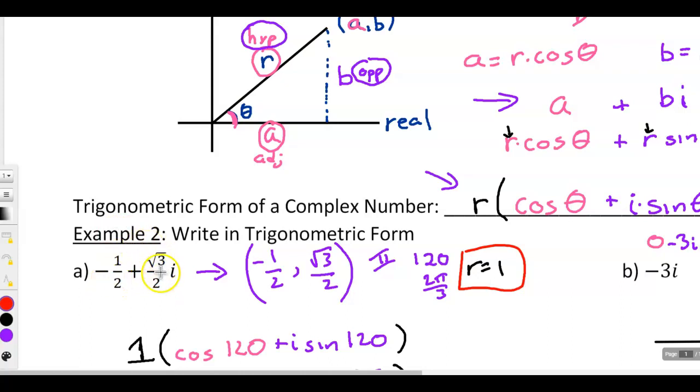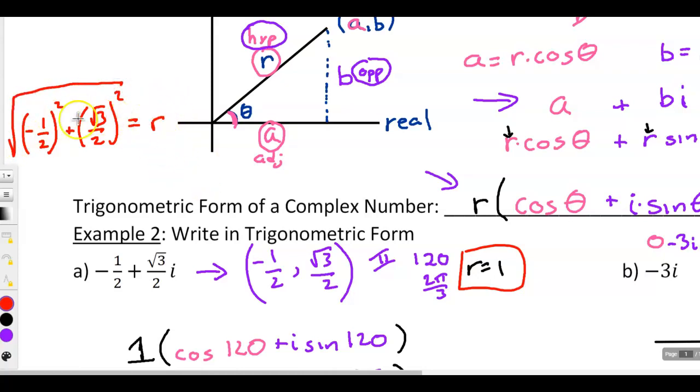Real number squared plus imaginary squared equals the radius squared. Right? I'm telling you this because it's on your homework. You could go through and calculate the radius the old-fashioned way. That equals r squared, which means we just take the square root. And you could figure out by plugging this in your calculator, it would just come out to equal 1. Right? If you want to do that, if you need to do that.